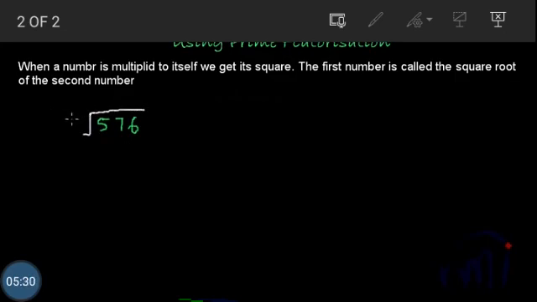Because we know tables only till 9 and 10. 9 nines are 81, and this is way bigger than 81. So what to do? You can know the table till 9 or 10, and still you can find the square root of any given number using the method which I am going to teach you next.